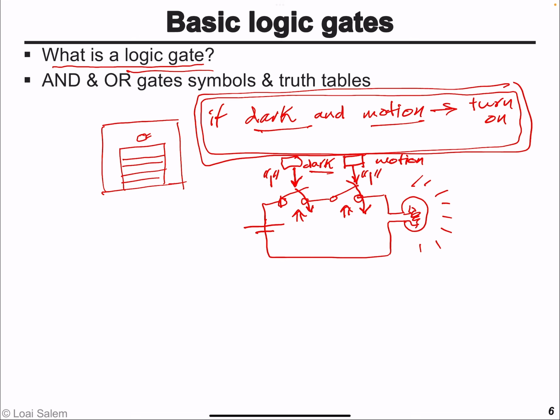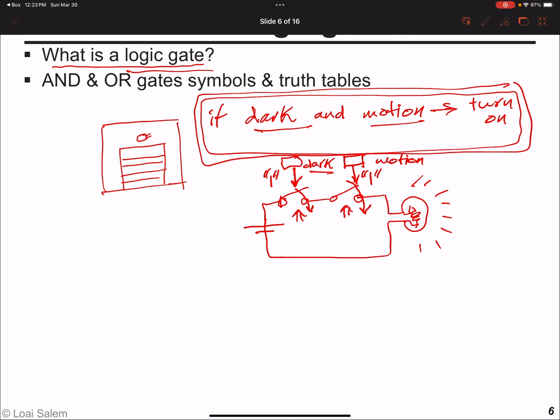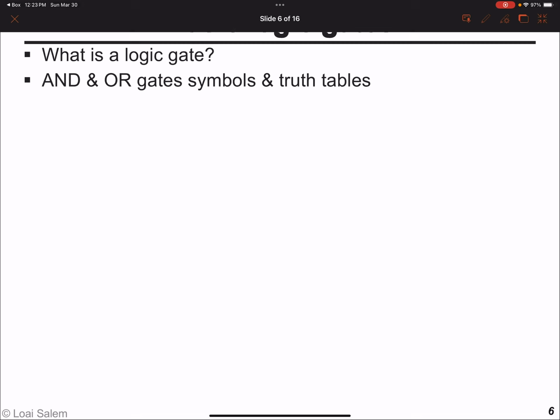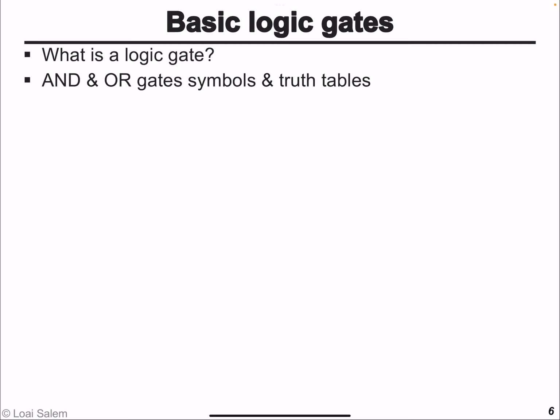And some of the basic logic gates we have are the AND function, the OR function, and their complements, and I'm going to explain that: the NAND function and the NOR function. Essentially we just add N in front of OR or in front of AND.